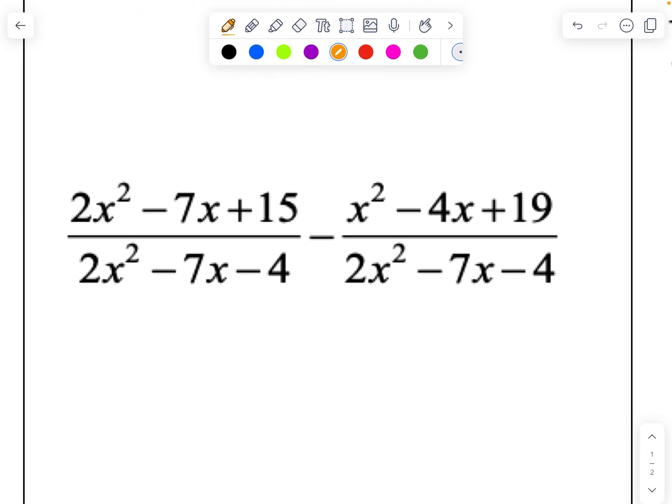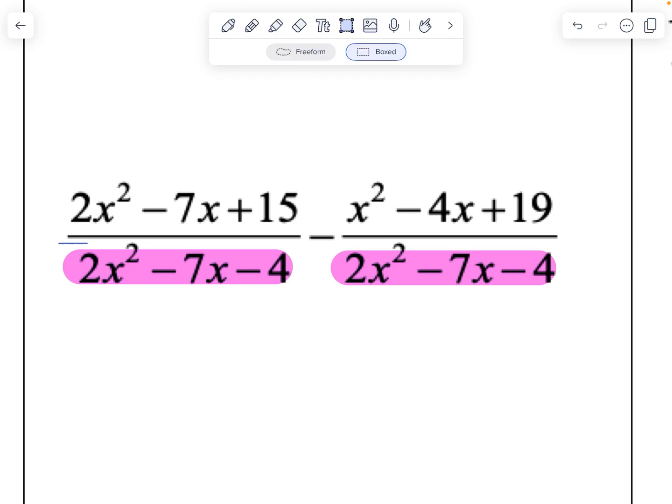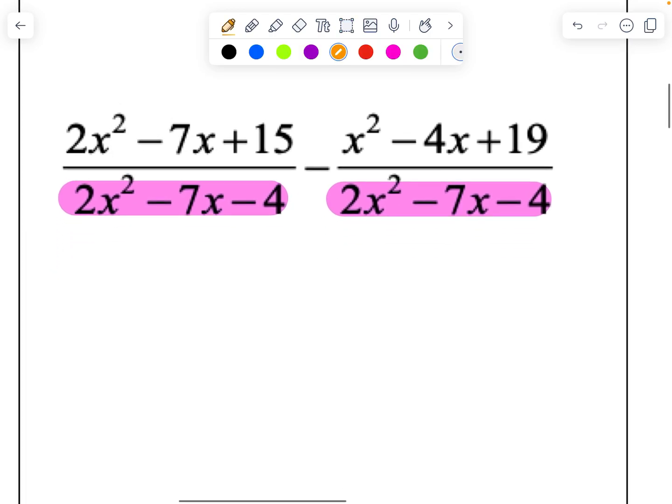Last but not least. First thing we look for, we notice that this is identical to this. So as soon as we recognize our denominators are the same, super fantastic, we're going to have it for our denominator all the way through until we are ready to factor.